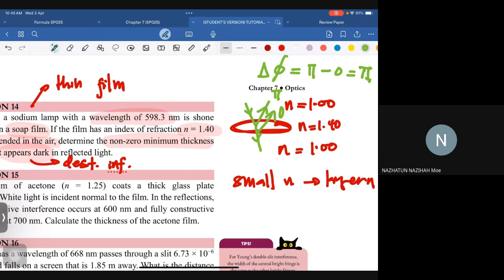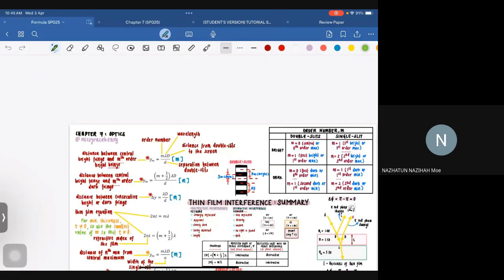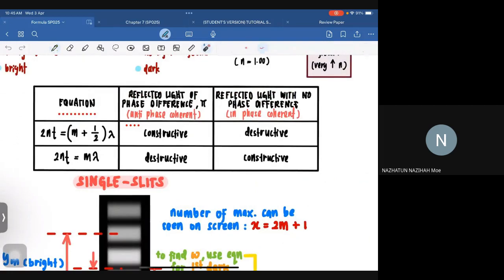Meaning kita perlu guna formula yang ada phase difference. Okay, so kamu refer baliklah kamu punya formula. Dekat situ sini. Okay, di sini. So since kita identify sudah tadi, oh, tadi dia tulis dia mesti appear dark. So kalau dark, dia mesti destructive. So either one of this.